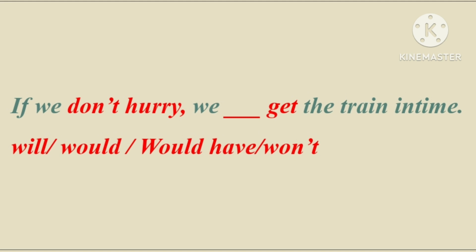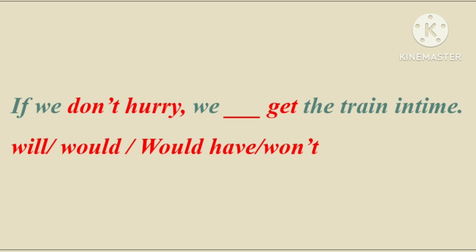The right option is, I think, won't, because do not is in simple present tense and it is in negative sense. That's why we have to choose negative future. That's why the right answer is we won't get the train in time.